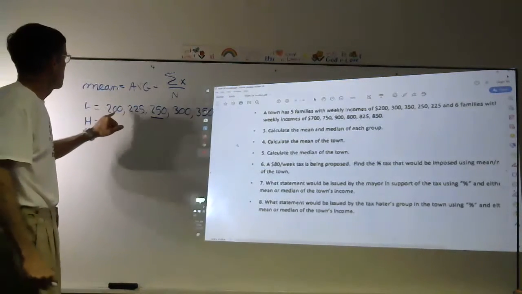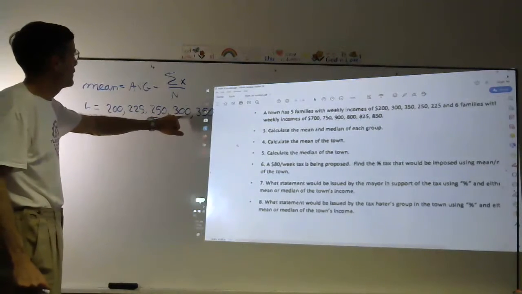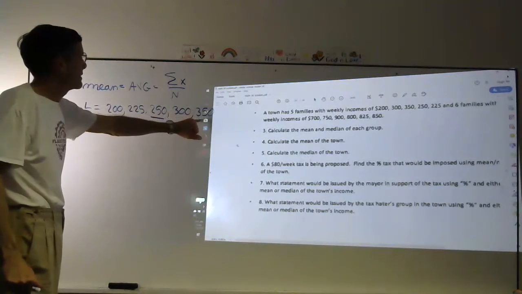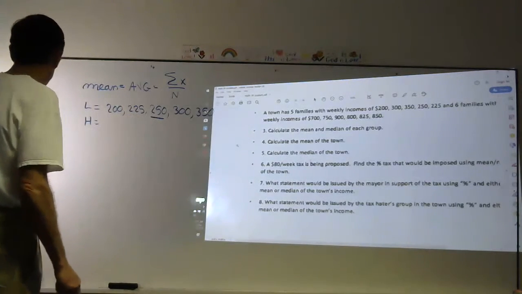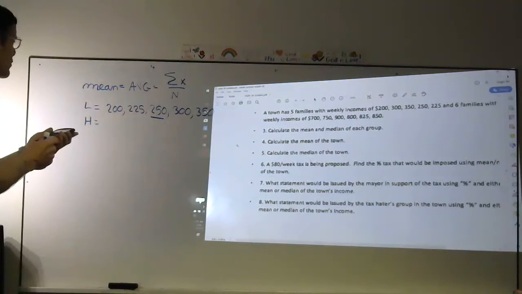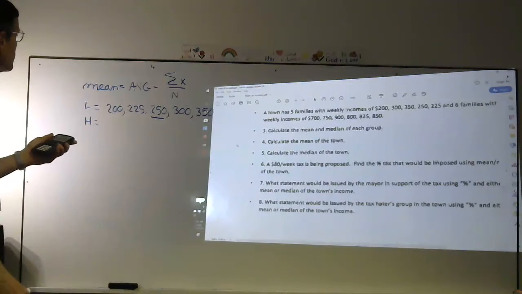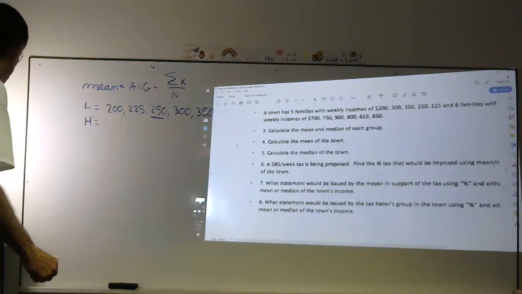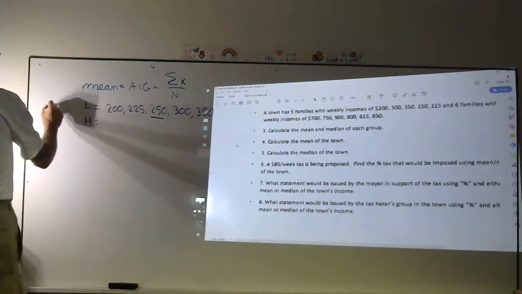If I add these up, 200, that's 450, that's 750, that's 1100, that's 1325. So I have 1325 divided by 5 is 265. So the mean, X bar, is 265.